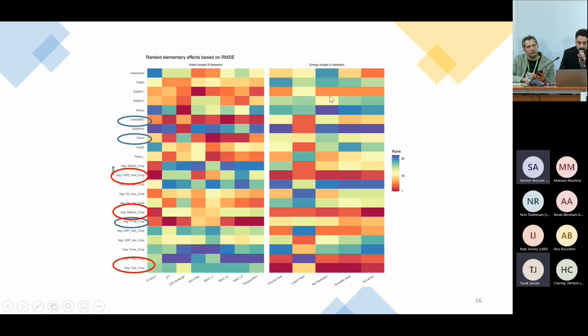For the energy budget, there is the coefficient of light extension and optimal temperature. So these were the most influencing parameters, which can make the task easy for the calibration.